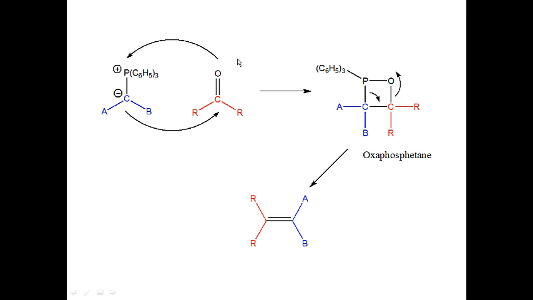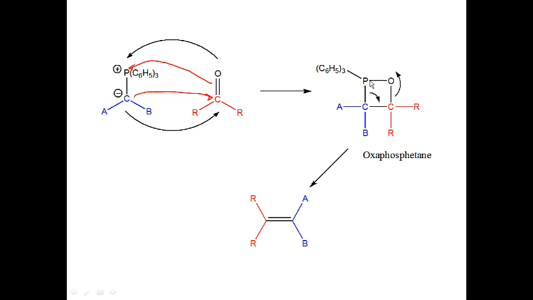So here's what happens. We can think of moving the electrons in this direction. Take this pair of electrons from this C and bring it over here to form the carbon-carbon bond. Then take this pair of electrons from the oxygen and use it to form an oxygen-phosphorus bond.